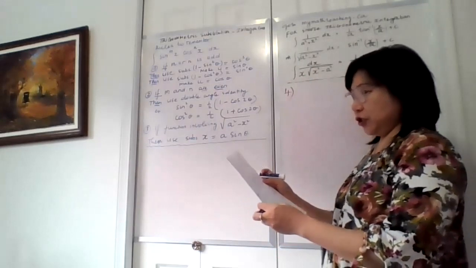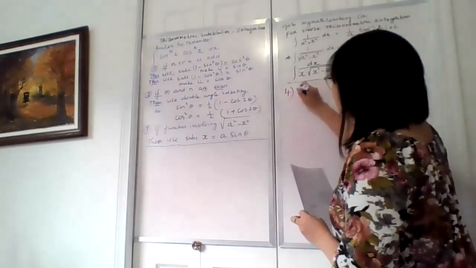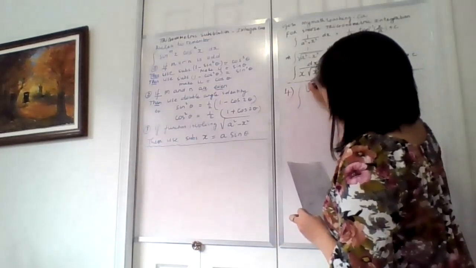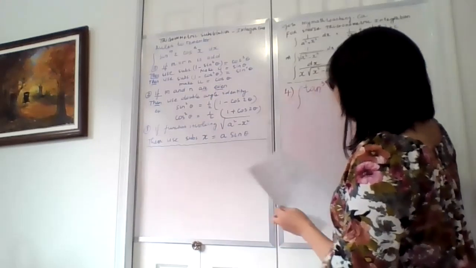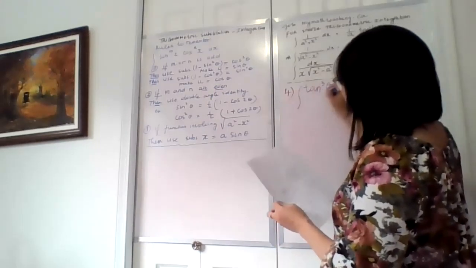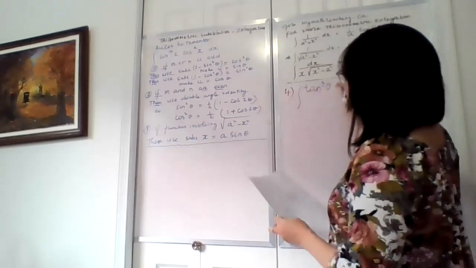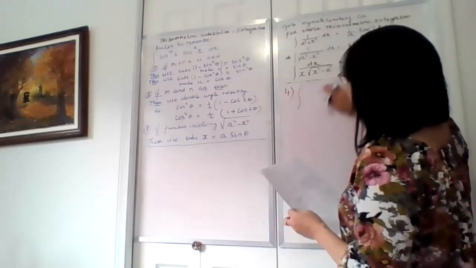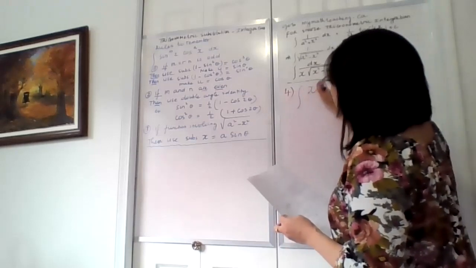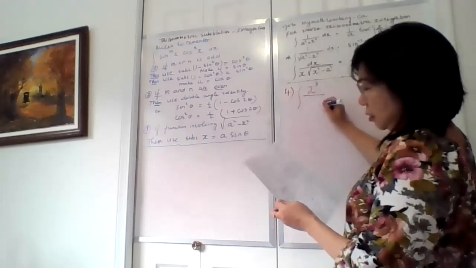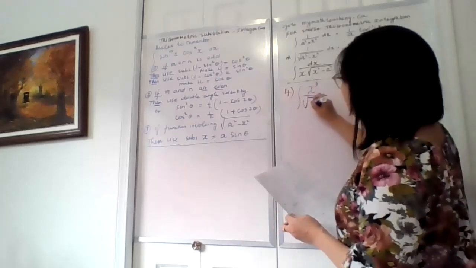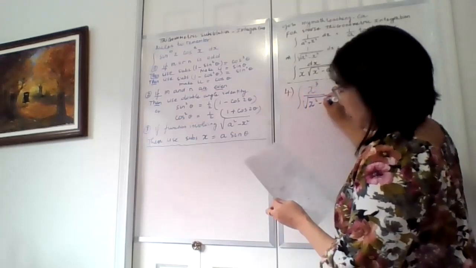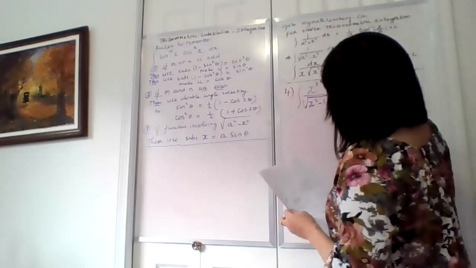The number 4 question will be the integration of tan theta. No, sorry. What am I trying to do? X to the power 3 over square root of x squared minus 1 dx.